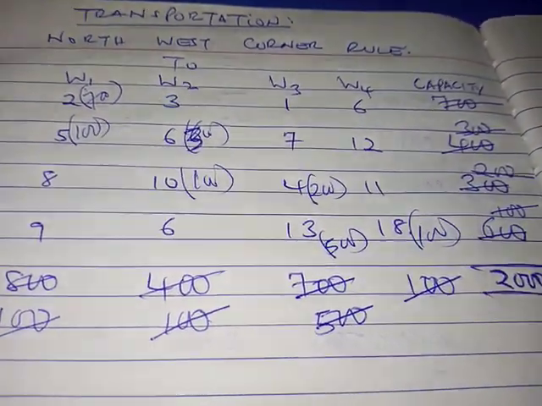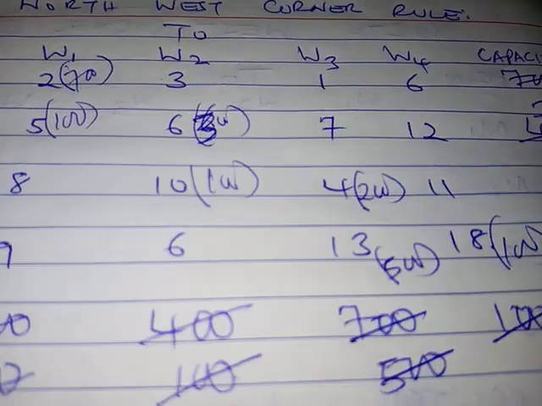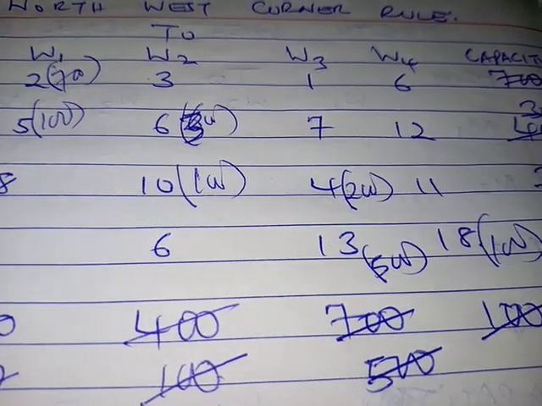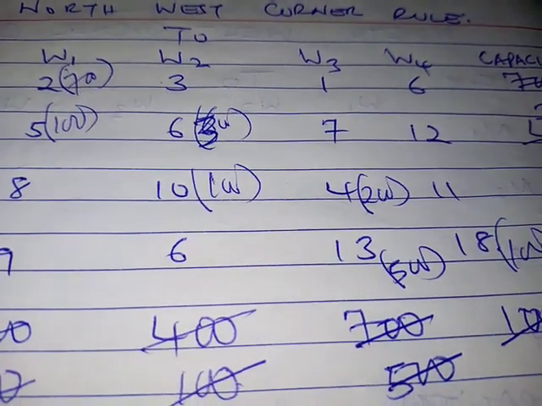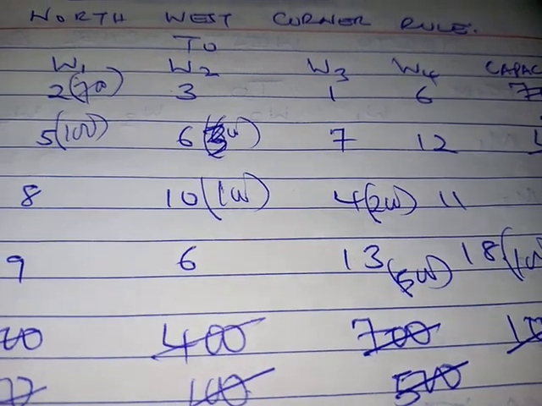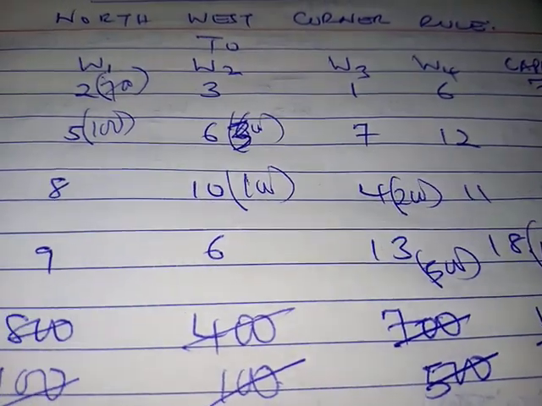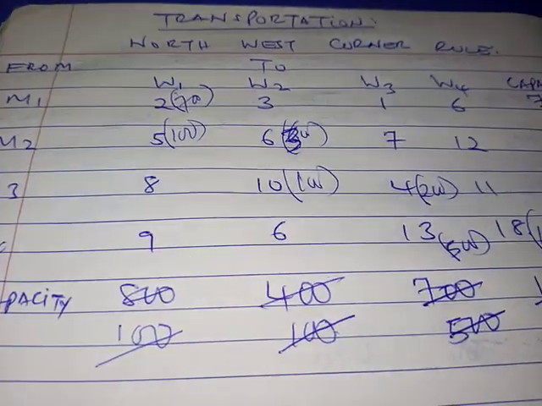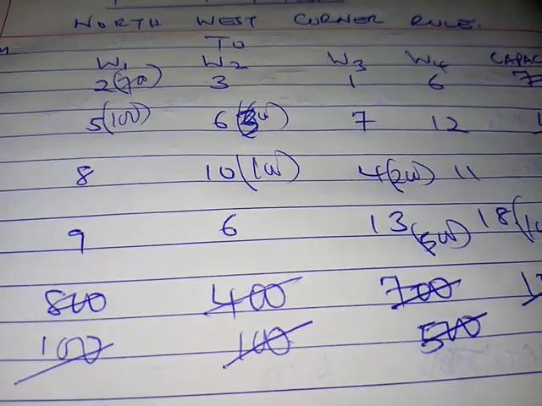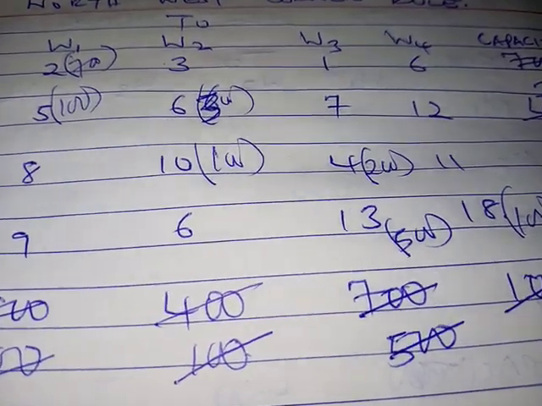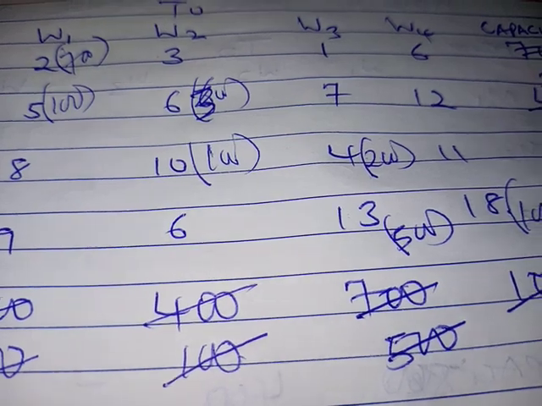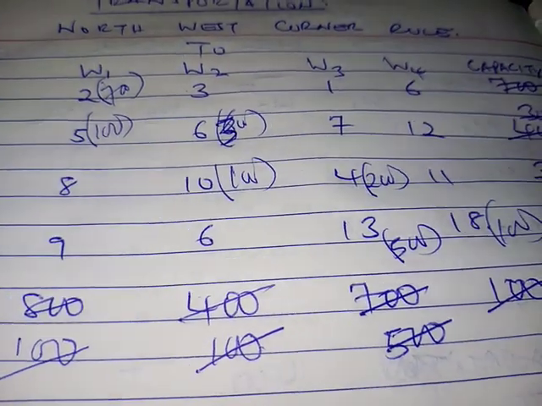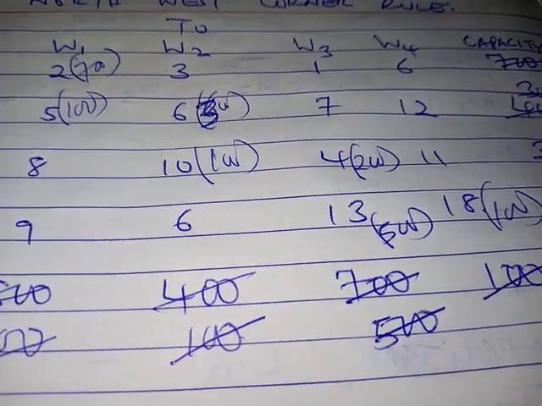The exam will also ask you the cost of transporting the items optimally from M1 to M4 up to W1 to W4. Simply we look at the transportation, and from M1 to W1 we have 2 shillings at 700. We also have 6 shillings at 300.